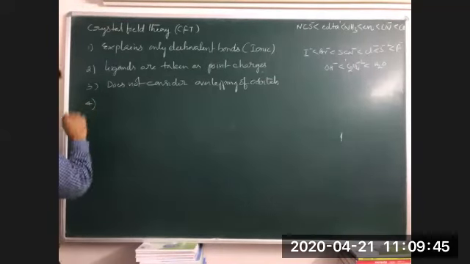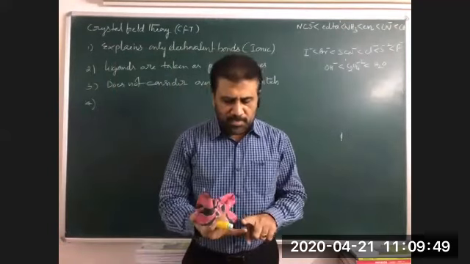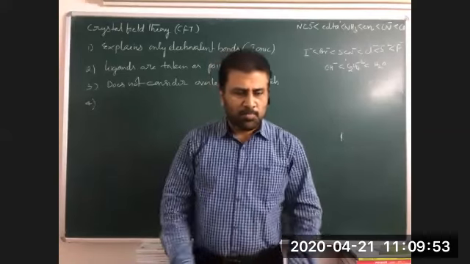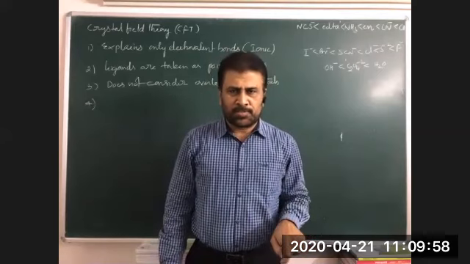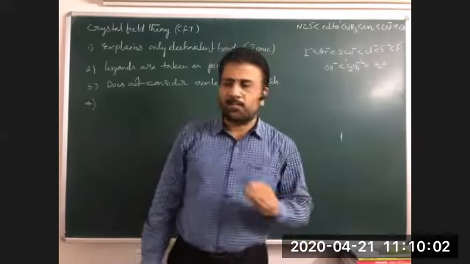And it considers interactions between the central metal ions and ligands. Interactions means maybe attractive forces or repulsive forces. So it considers interaction among the ligands and the central metal ion.